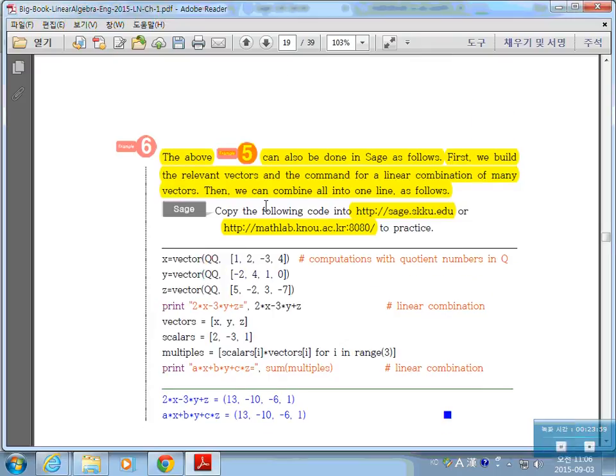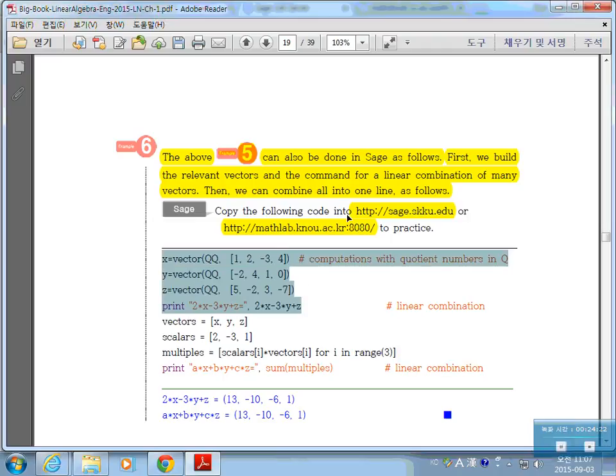From the above example 5, this can be done in Sage as follows. We build up the relevant vectors and give the command to do a linear combination of these vectors as many as you need.